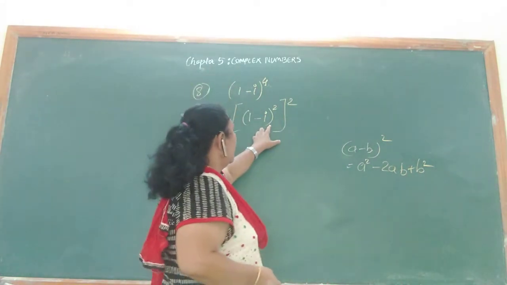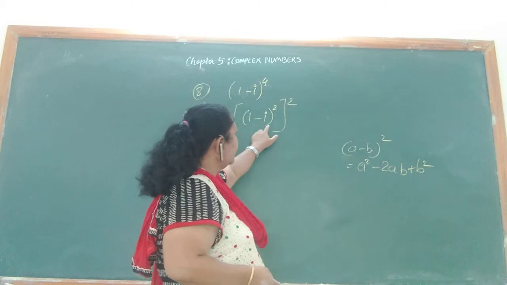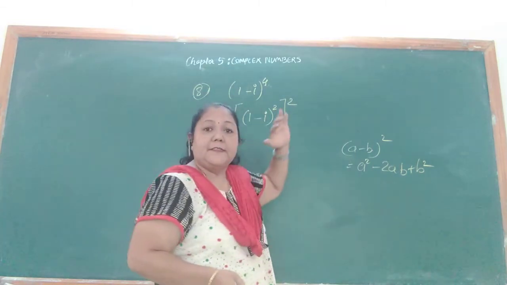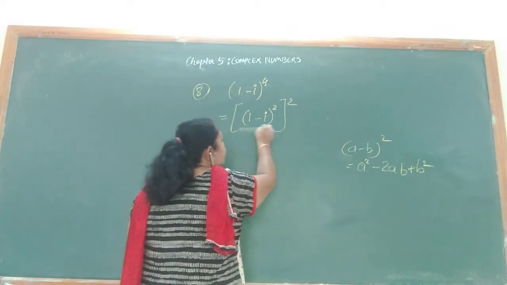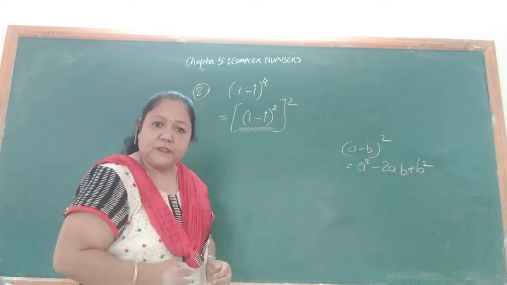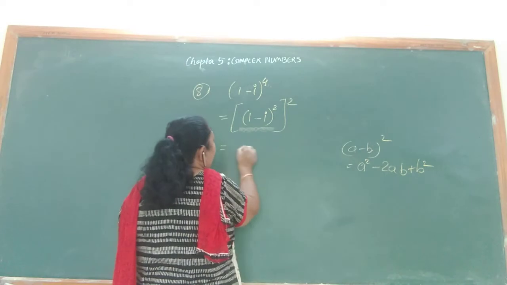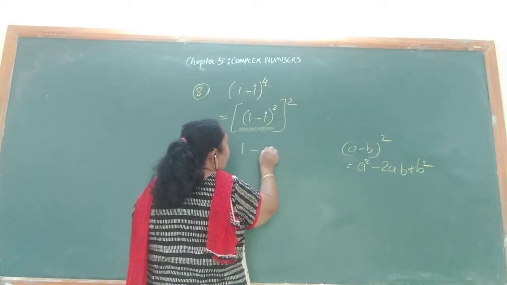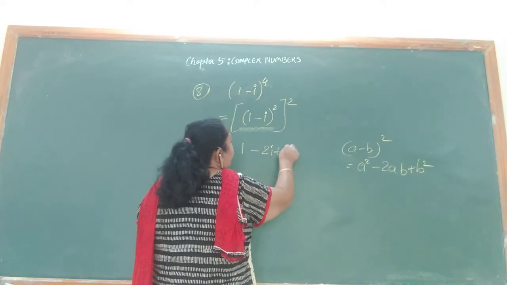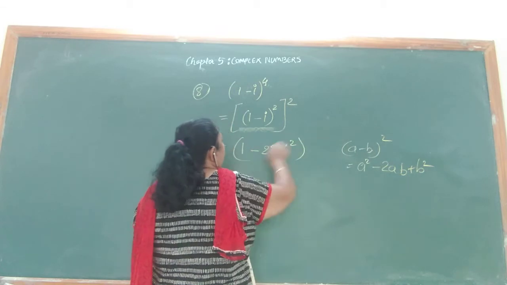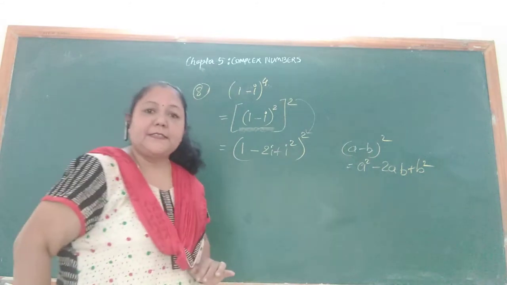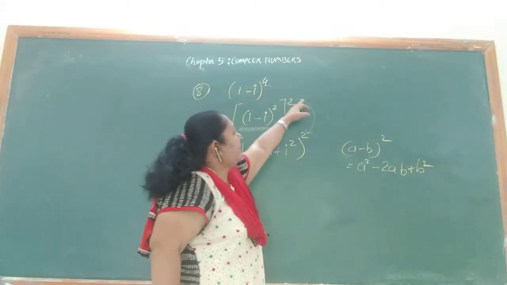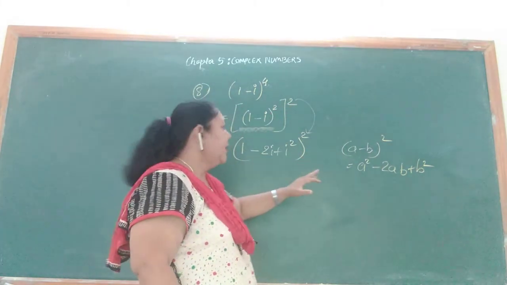So what I did was, it is of the form a minus b, so I wrote it as square and its square, so that now this term I know how to simplify. And so I write it as (1 minus 2i plus i square) whole square. This whole square continues as it is, whatever whole square was here, I brought it down here also.